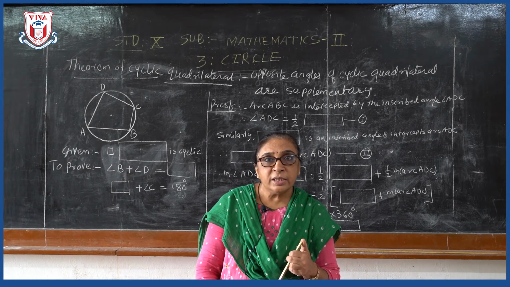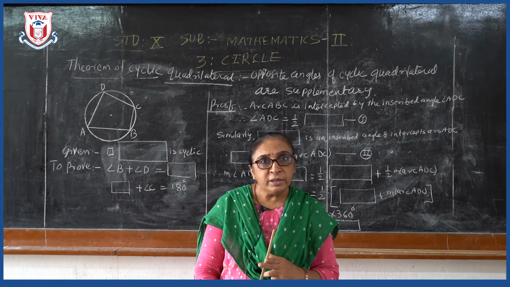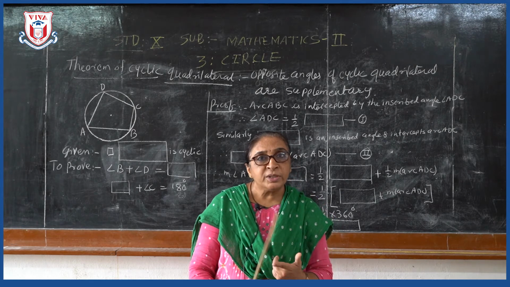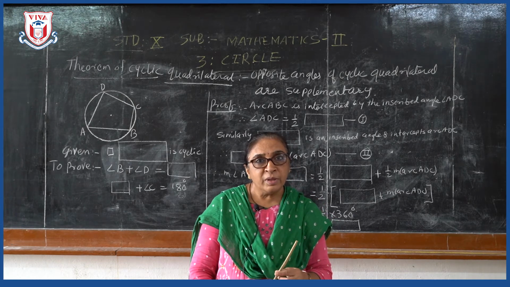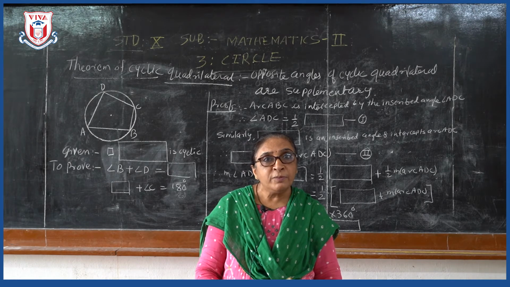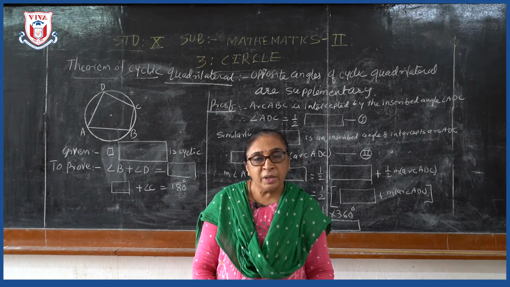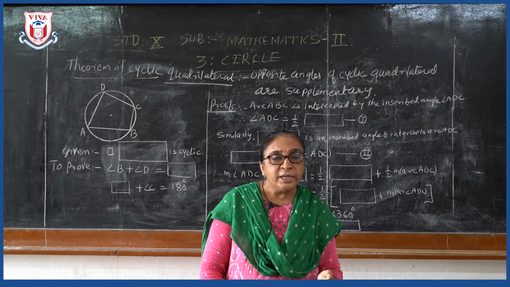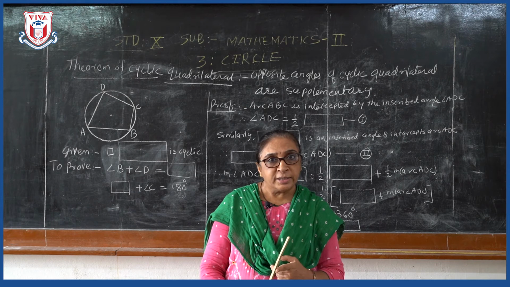Children, the next and one of the important theorems of this chapter is the theorem of cyclic quadrilateral. First of all, I will tell you what is the meaning of cyclic quadrilateral. Now you know that a quadrilateral has 4 sides and 4 vertices.